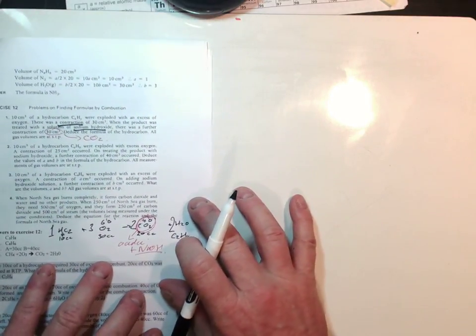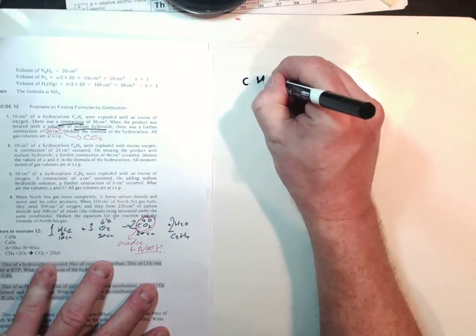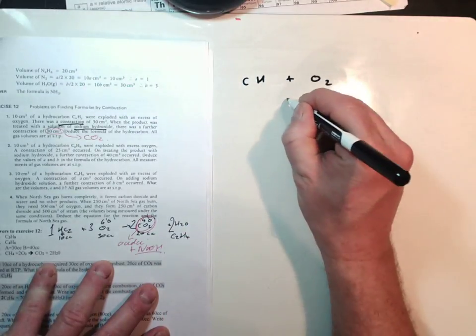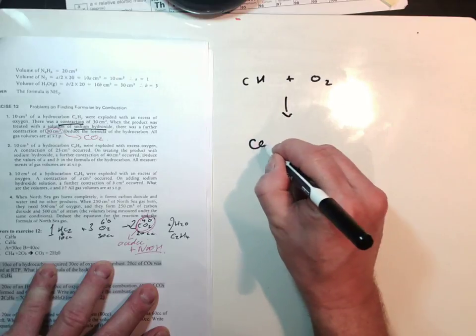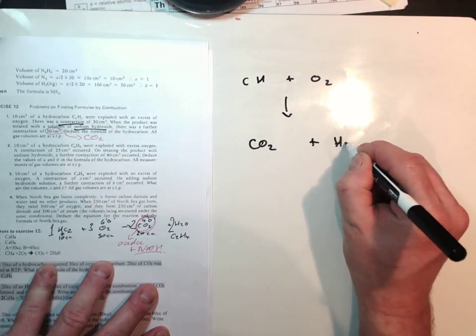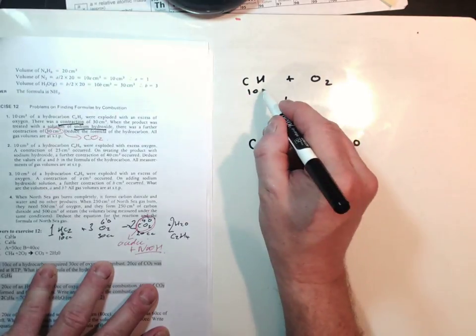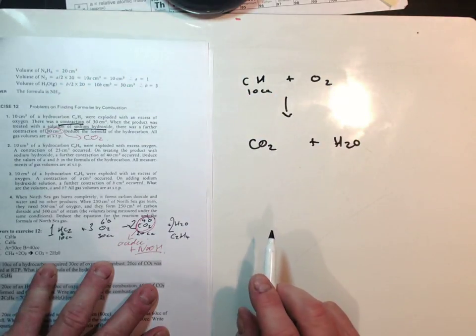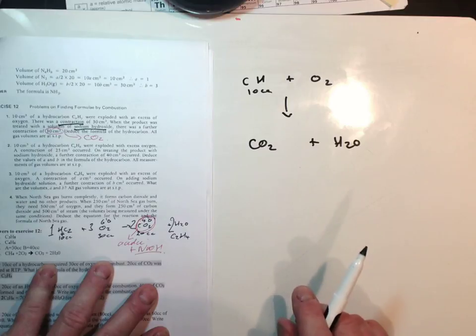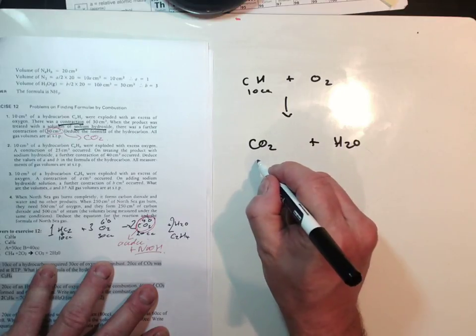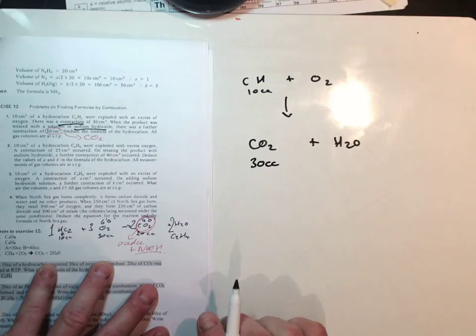Right, so again I'll write the equation. So we'll write CxHy plus O2 goes to CO2 plus H2O. Let's fill in the info we got. So we got 10 cubic centimeters of that. Okay, we had an excess of oxygen. We had carbon dioxide, we know, is 30 cc's.